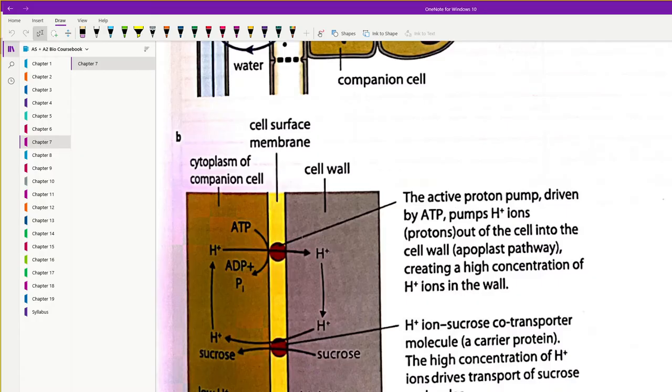As a result, there's a high concentration of H plus in the cell wall. pH decreases, more acidic, and then passively it will come down along with sucrose. The high concentration of H plus ions drives transport of sucrose molecules. Okay, so this is co-transport. This does not require ATP.